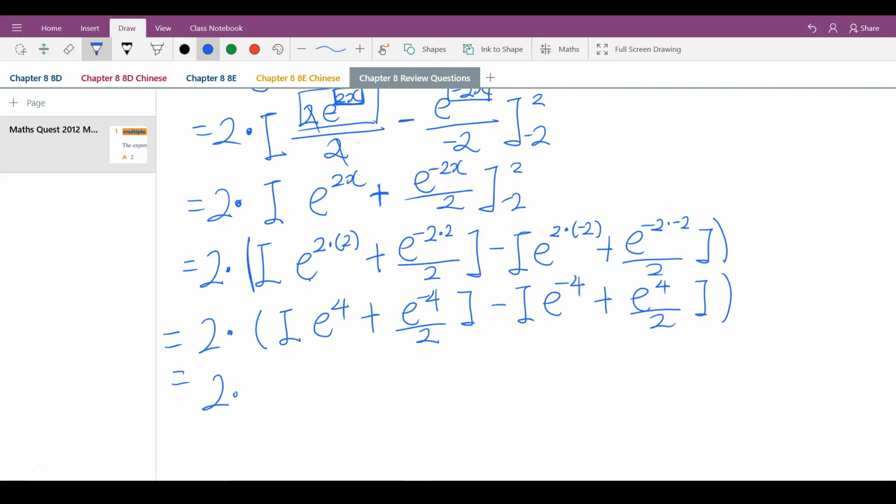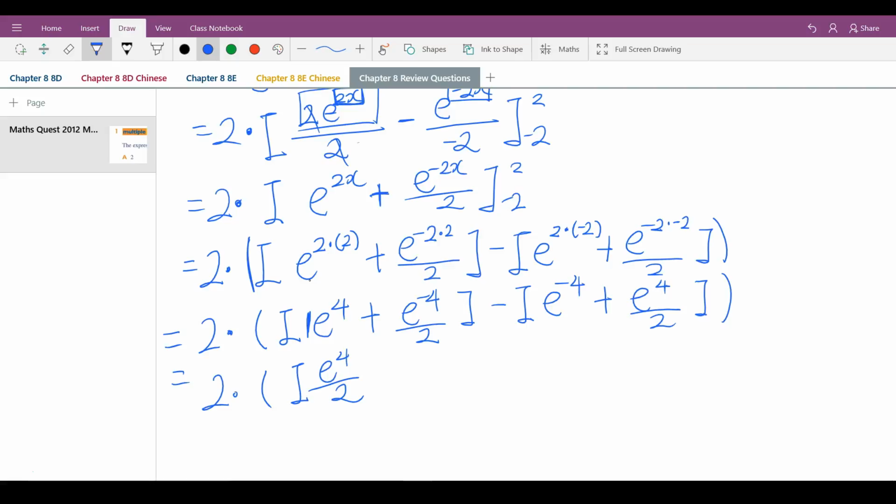And then we can expand the inside brackets. So e to the power of 4 plus e to the power of 4 on 2. Now, minus. So e to the power of 4 minus e to the power of 4 over 2. That is just like 1 minus a half. So what you get is a half back.